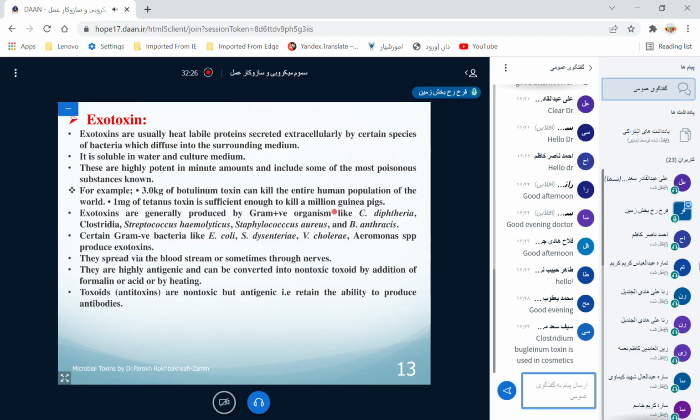For example, when you know a bacterium very well, you can make toxin. If you know the toxin of bacteria very well, you can produce a modified toxin, by heat or other ways, which doesn't have toxicity but keeps some parts of the toxin.